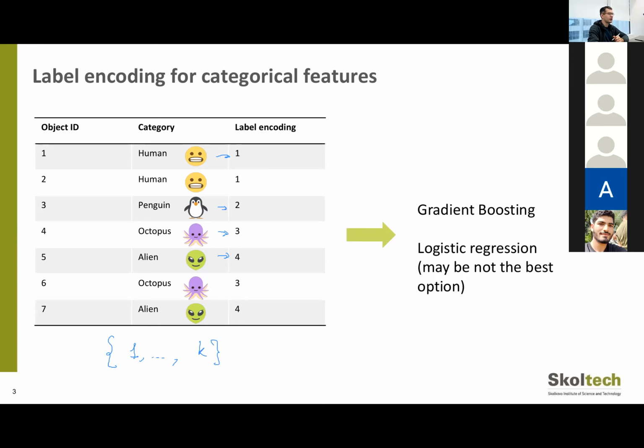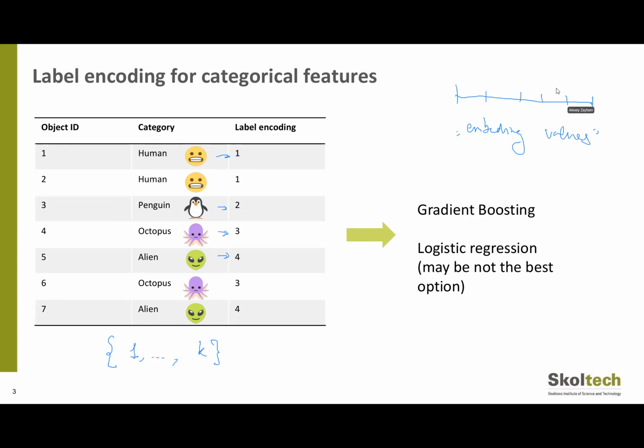We can say it's an encoding because we have this one-dimensional embedding space and values in it. They are not dense, they are discrete in this case, but still it's some kind of embedding. What is bad about this embedding is that we can't rely on any correspondence between points in the embedding space.